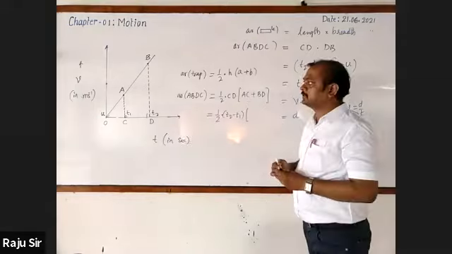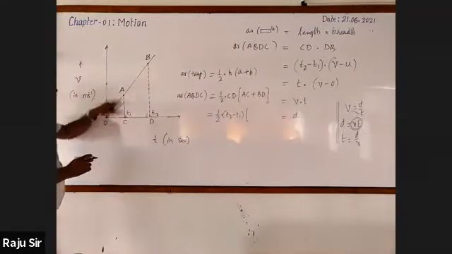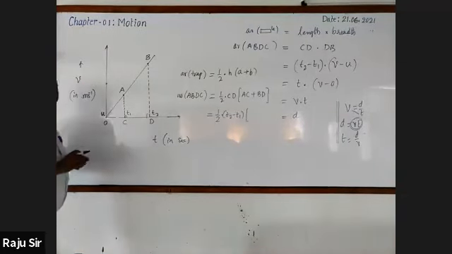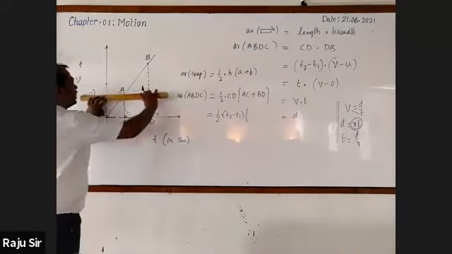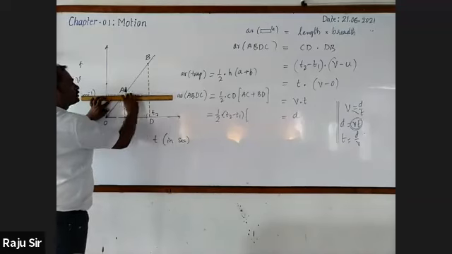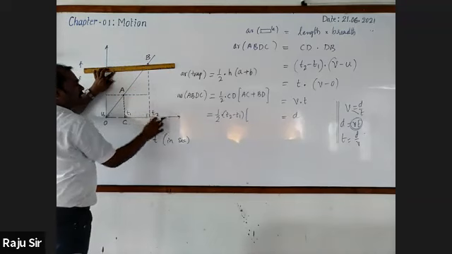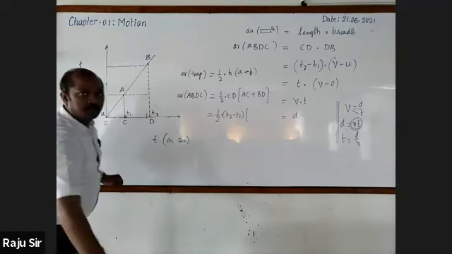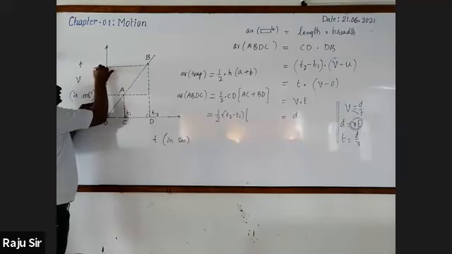Now AC plus BD, from A to C and B to D. We do not know that. Hence, what I do is take T1 plus T2. A line parallel to the time axis through A. Similarly, a line parallel to the time axis through B. I get 2 more points, S1 and S2.